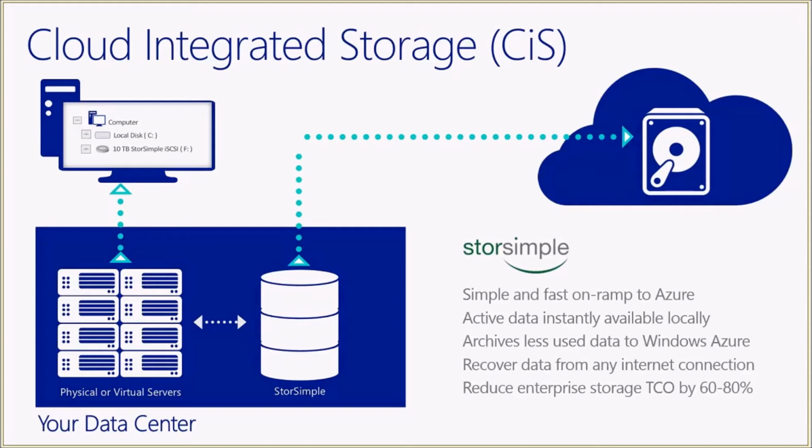And once it's compressed and deduplicated, we then move that data within Windows Azure, of which we then encrypt. The important part around that encryption is that you keep hold of the encryption key. So the data that's stored up there could not be accessed unless that key was provided to an organization to be able to access it. That would be within your hands.